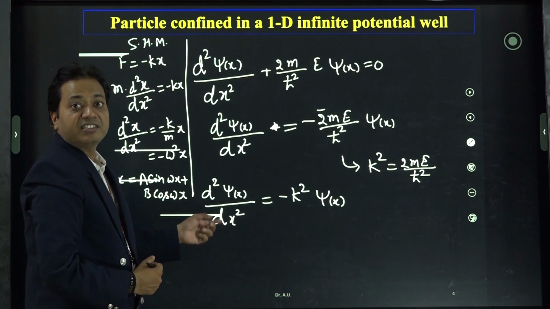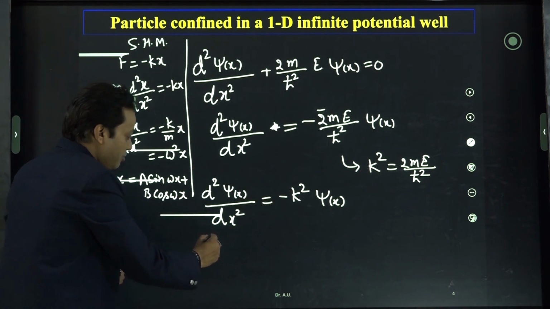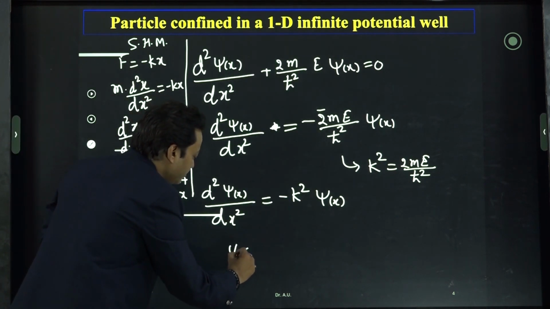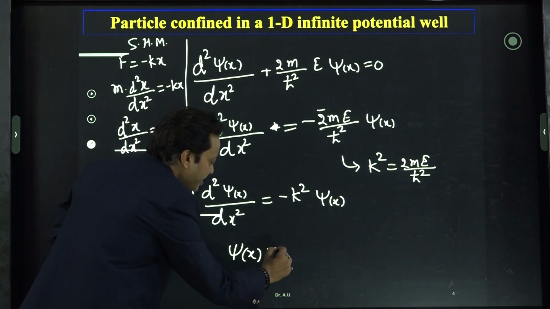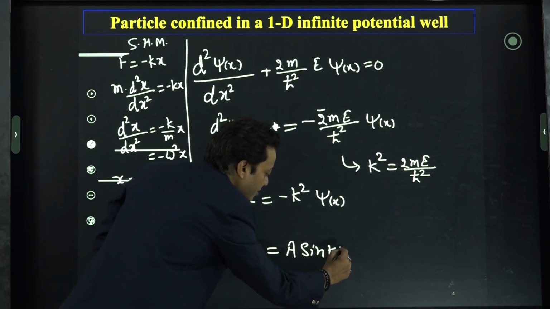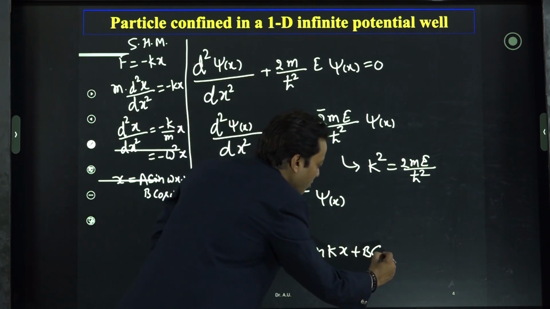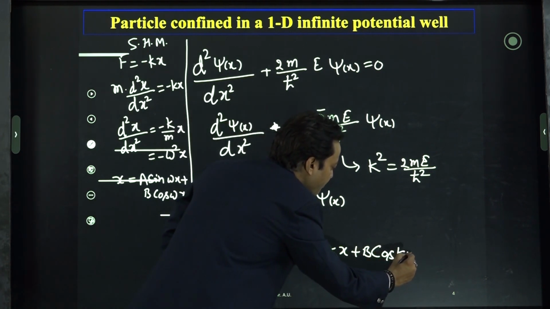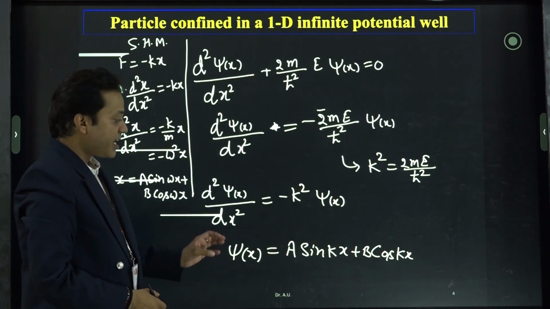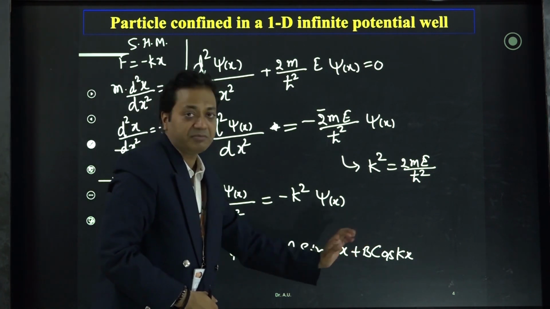Similarly, we can write the general solution of this second order differential equation, which is psi of x can be written as a sine of kx plus b cos of kx, where a and b are constants. By solving this equation, we will try to find the values of a and b.